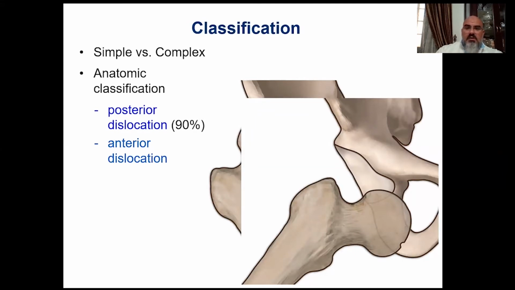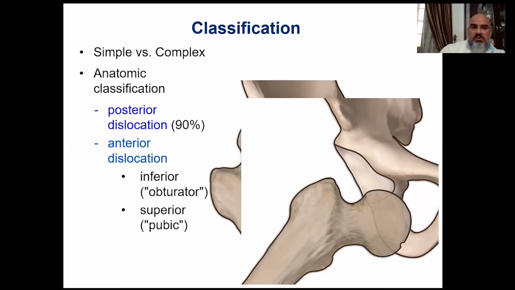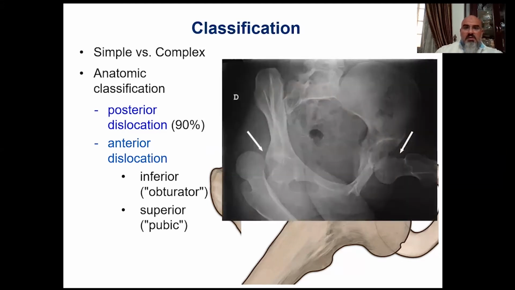When the head is migrated while the limb is in extension, we expect the dislocation to occur superior towards the pubic bone. Or when it occurs while the knee is flexed, we expect the anterior dislocation to occur inferior towards the obturator foramen.